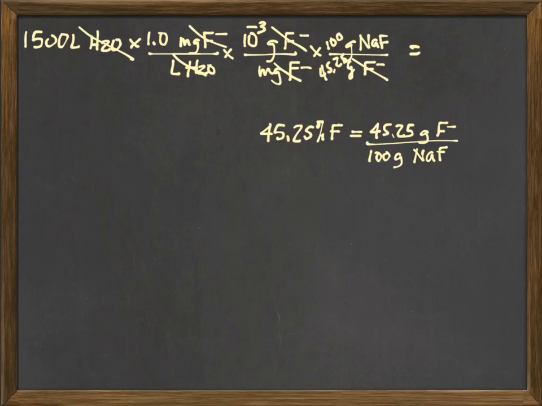If you want to see the unmessed up version, I did it better this morning. So for several reasons, this should have 2 sig figs, so this is going to end up being 3.3 grams of sodium fluoride.